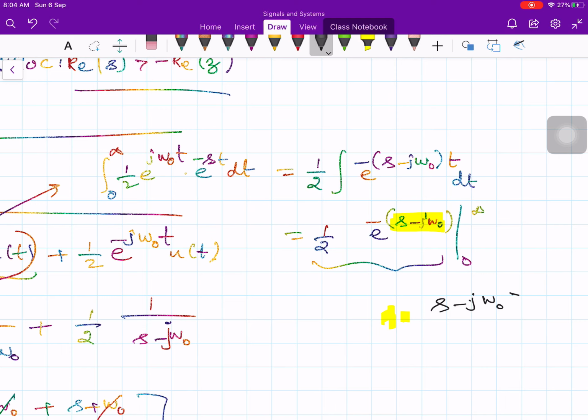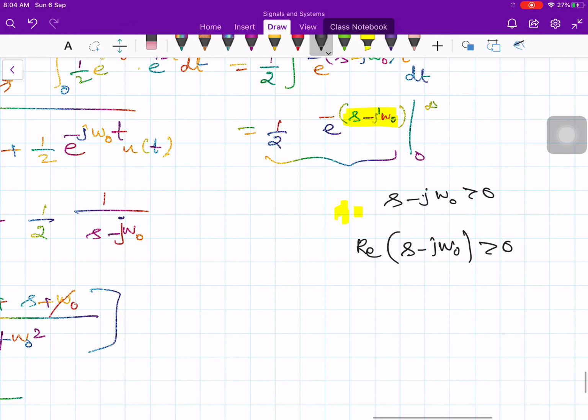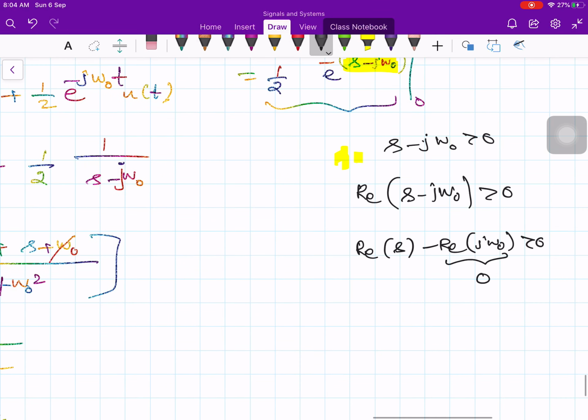That means what? The real part of s minus j omega naught must be greater than 0. So real part of s minus real part of j omega naught must be greater than 0. What is the real part of j omega naught? It is 0 because there is no real part in that. So real of s must be greater than 0.